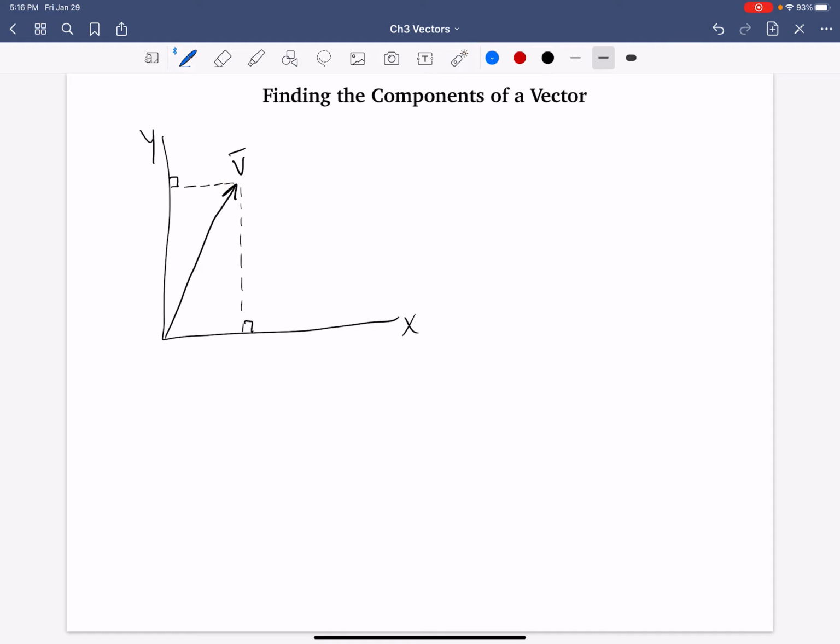So in blue, let me draw the x component going from where V started, right there. That's the x component, also known as the x projection of V, or the projection of vector V onto the x-axis. And we write that as vector V with a subscript x.